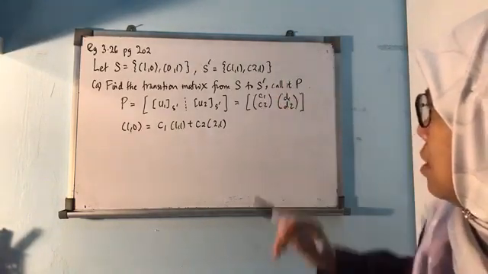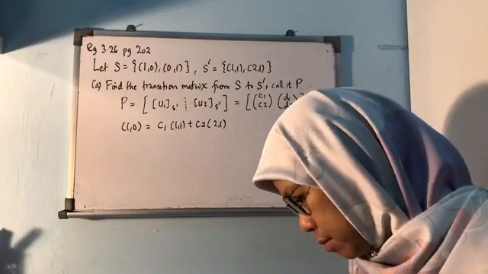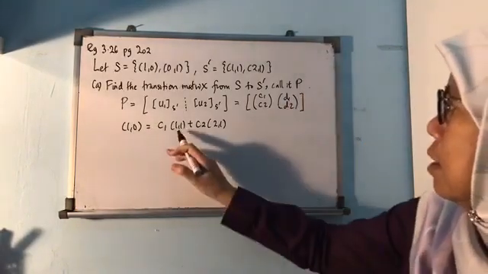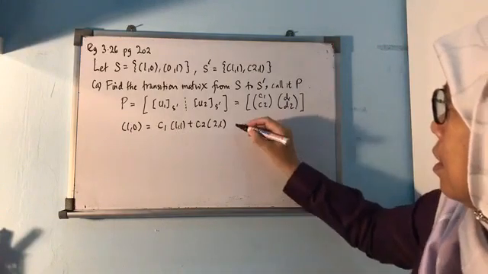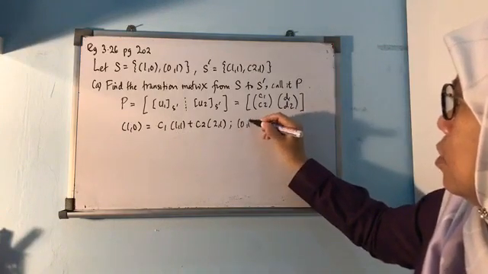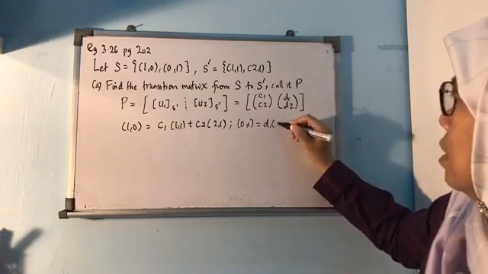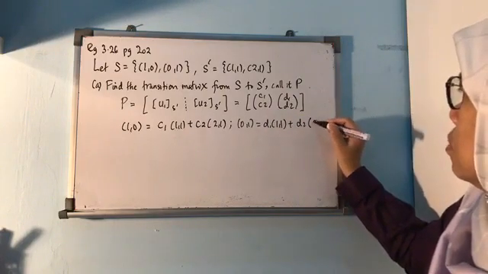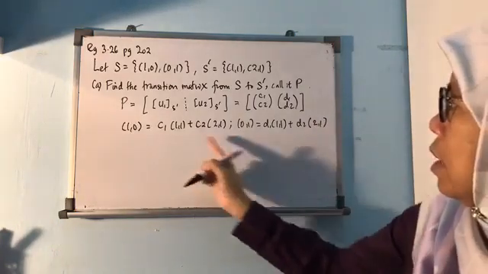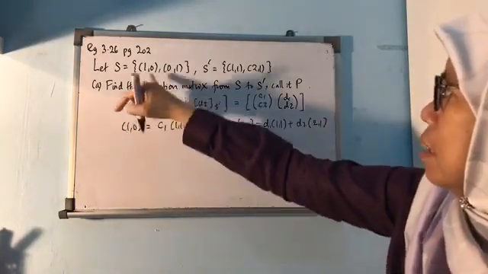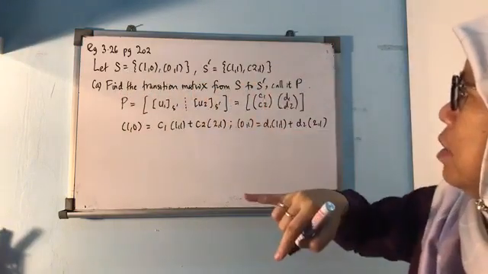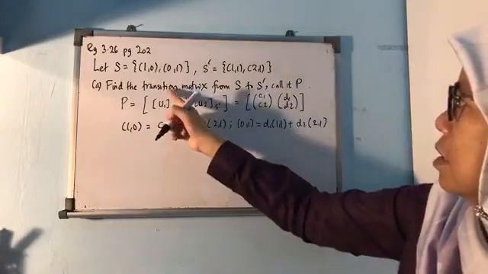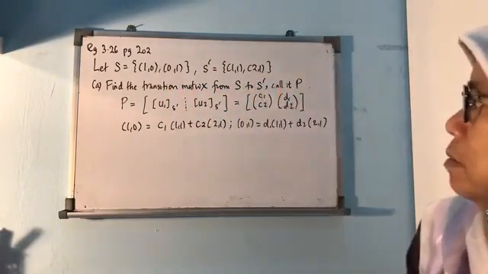You just write the inside. Now for the other one, you have to write 0, 1 equals D1 (1, 1) plus D2 (2, 1). So this is what I mentioned earlier, that you have to take one and write it as a combination of this, take another one and write it as a combination of this. So this is the transition matrix from S to S prime.